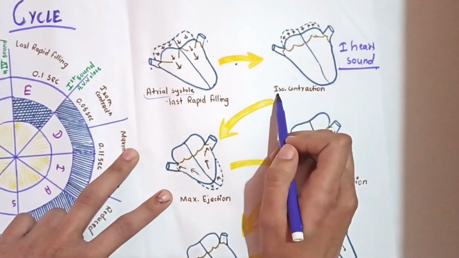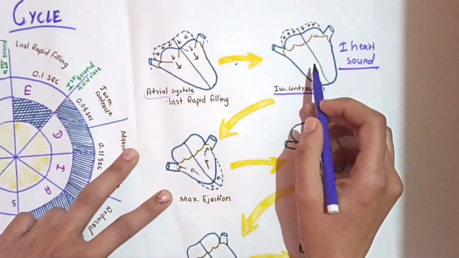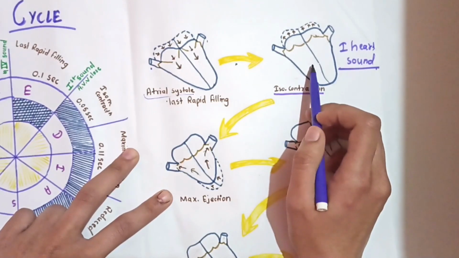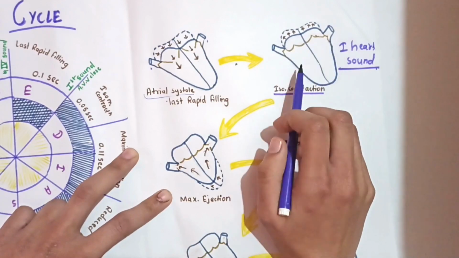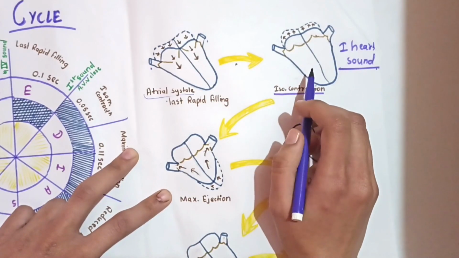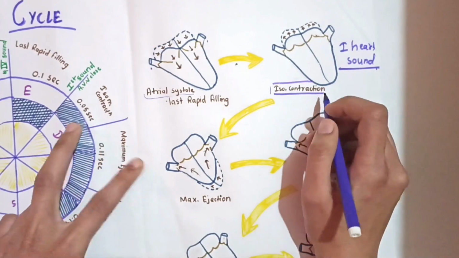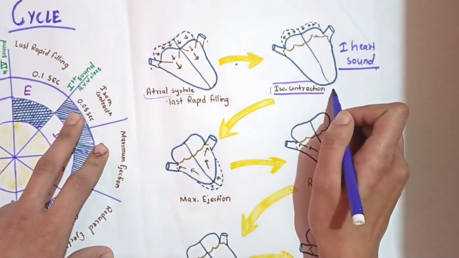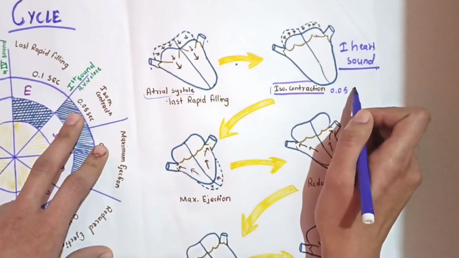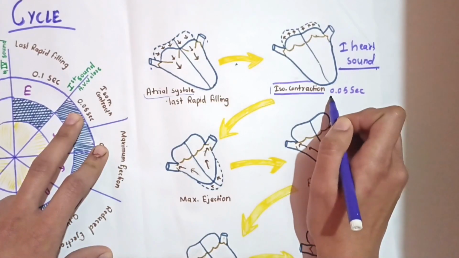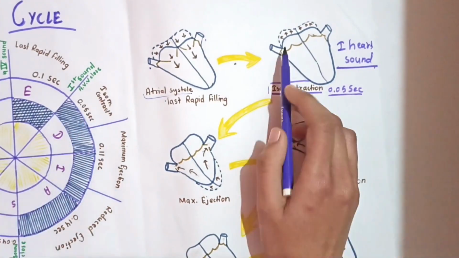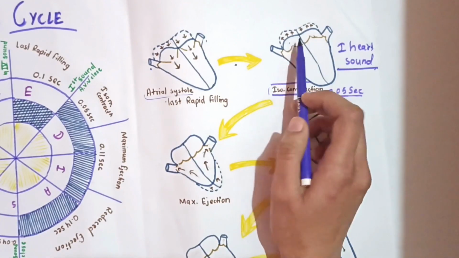This is the phase when the ventricles are contracting, but both the valves are closed. So the heart is contracting like a closed cavity. This is known as the isometric contraction phase, which is for 0.05 second. From here the ventricular systole starts, and this is atrial diastole.